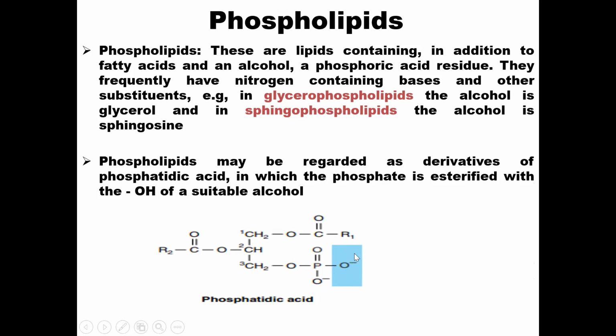Here is the point of attachment to other substituent groups to form different types of phospholipids. We are going to be discussing them in our subsequent slides in this lecture. When you attach a substituent group here, you are left with an O negative. So at neutral pH, the molecule tends to be negatively charged because of this negative sign on the oxygen, without forming any bond. This is the point of attachment.